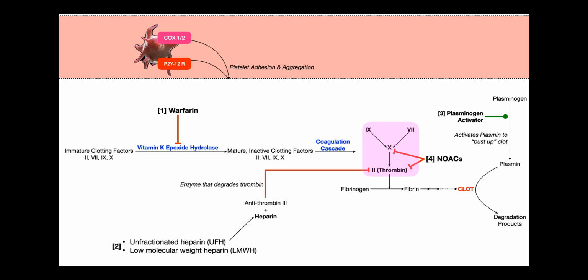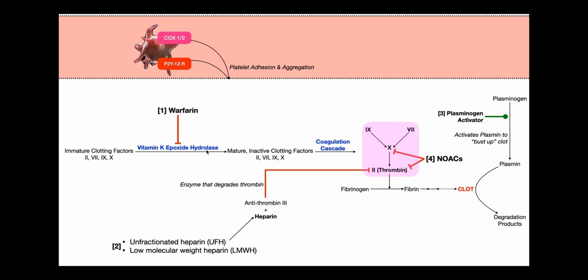Number 4 are these drugs called NOACs. NOAC means non-vitamin K antagonist oral anticoagulants. So for obvious reasons, we're just going to call them NOACs. And the origin of this name is that they don't actually inhibit the enzyme right over here that matures the clotting factors by carboxylating them.